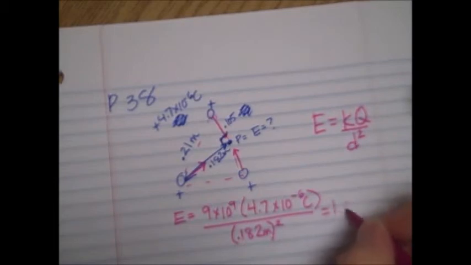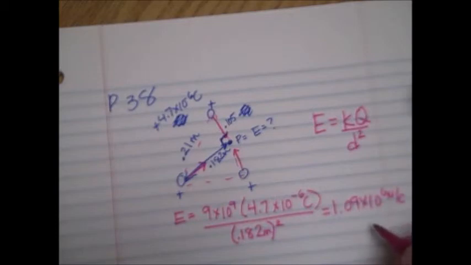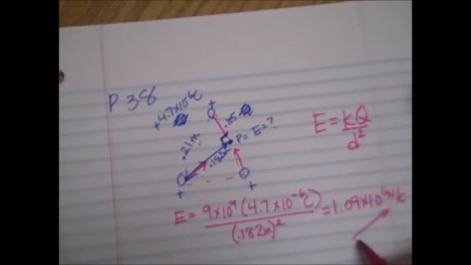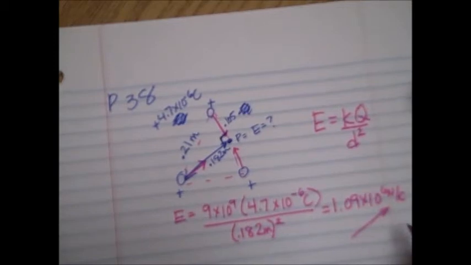That electric field is 1.09 times 10 to the 6th newtons per coulomb, and it would be up this direction. In 38, it just asked for the magnitude, not the direction.